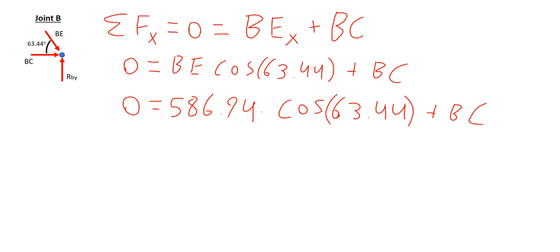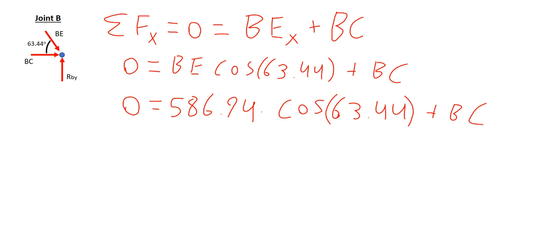Now, what we must do is solve for BC. So, we will bring 586.94 times cosine of 63.44 to the other side.